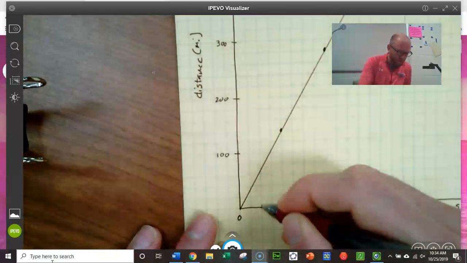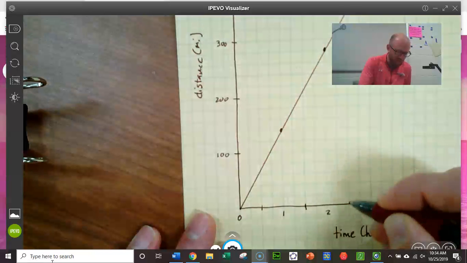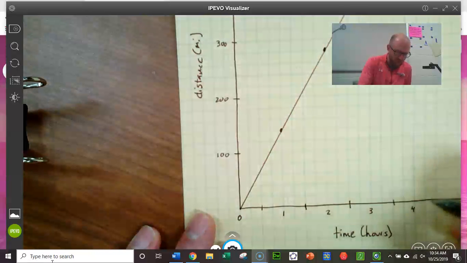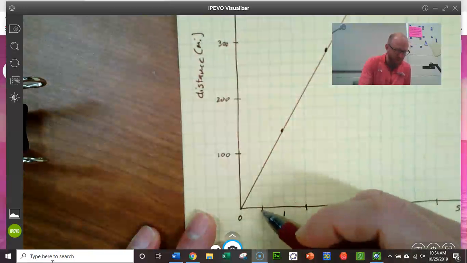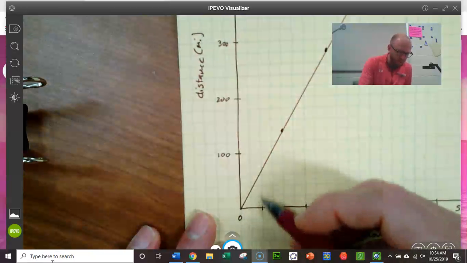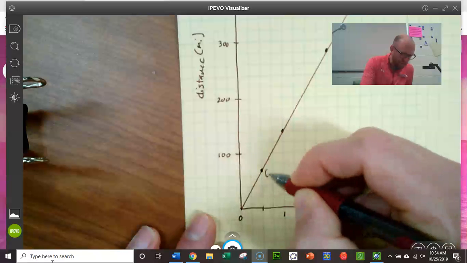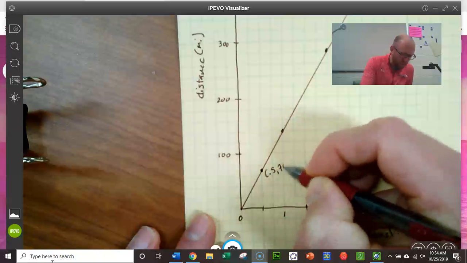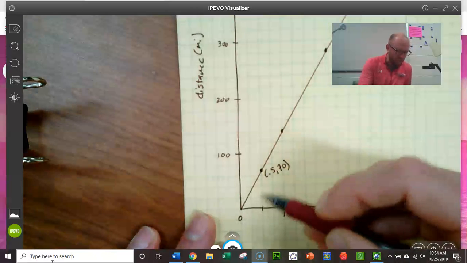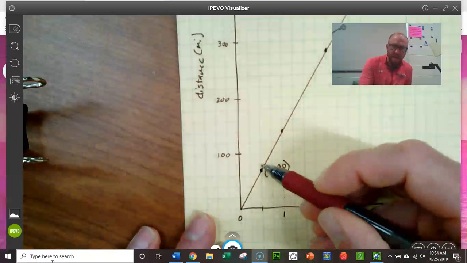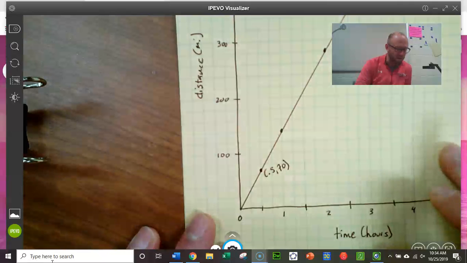That's an hour. This would be half an hour. I'll mark the half hour marks. All right. So this is half an hour, and here would be 70 miles right there. So it's 0.5, comma 70. 20, 40, 60, 80 is up here, so we're halfway between 60 and 80.